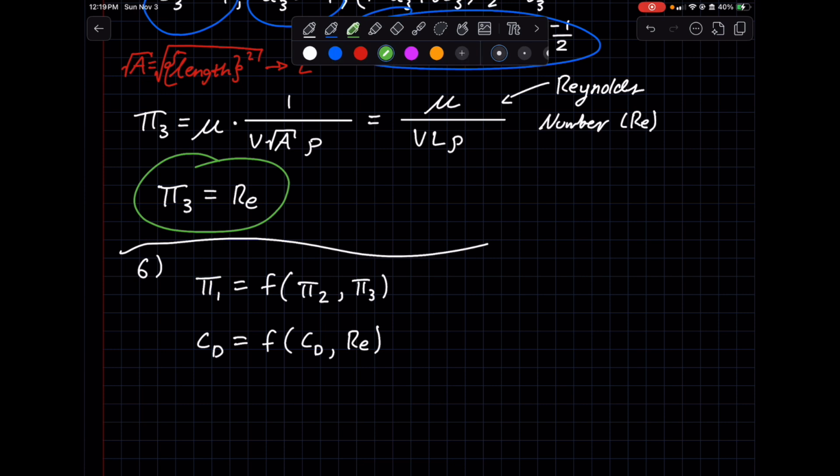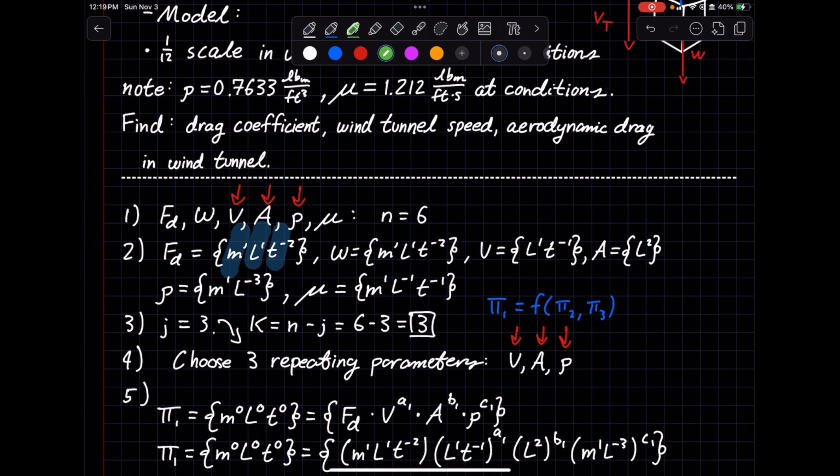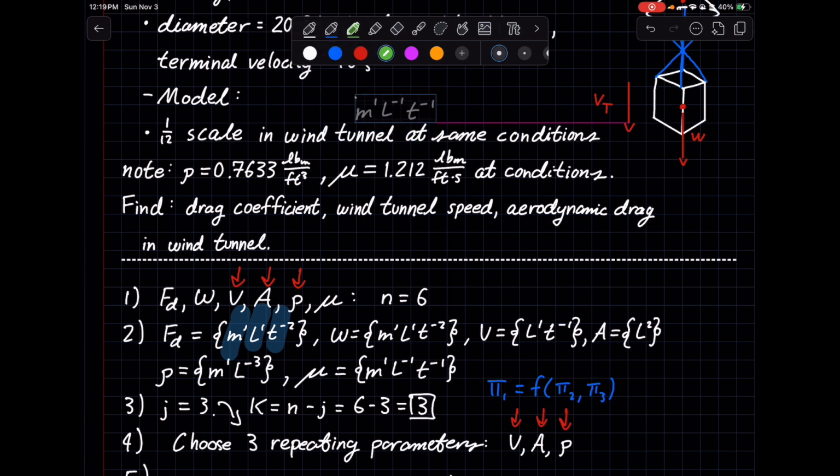Again, the problem is asking for more in terms of, what is it asking for? The drag coefficient, the wind tunnel speed, and the aerodynamic drag in the wind tunnel. But I did not know that was a picture. That's kind of cool.